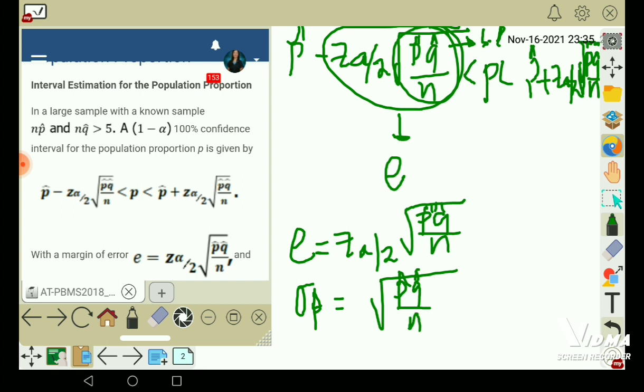This simply shows that your margin of error is composed of your z sub alpha over 2, which is determined by your z.